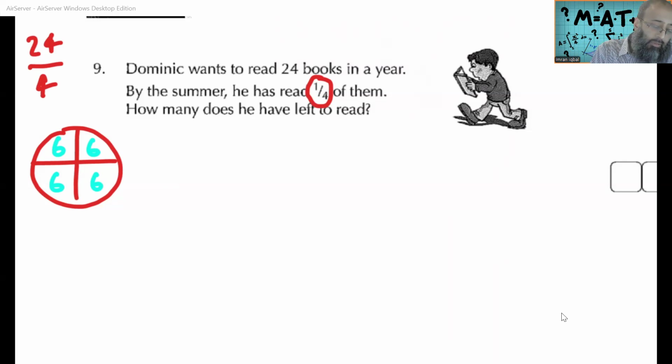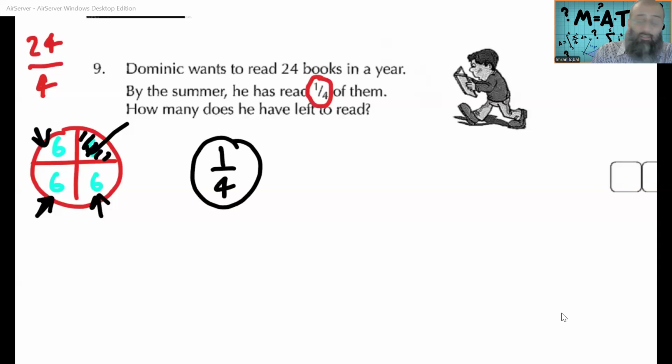He's read a quarter means that's done. How many does he have left to read? So he has 1, 2, 3 quarters left. If you have consumed a quarter, then you have 3 quarters left to consume.